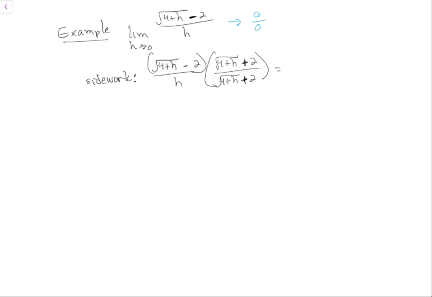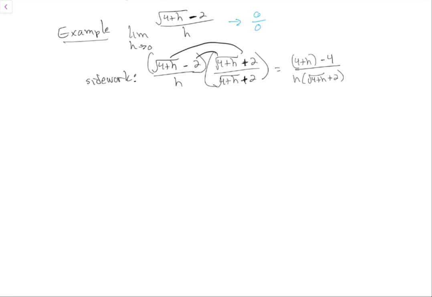So I multiply the first, I'm going to get 4 plus h. I multiply the outside and the inside, and those are going to cancel out. That was the beauty of the conjugate. And then I multiply the last, and I get 4. On the denominator, I have h times the root of 4 plus h plus 2.